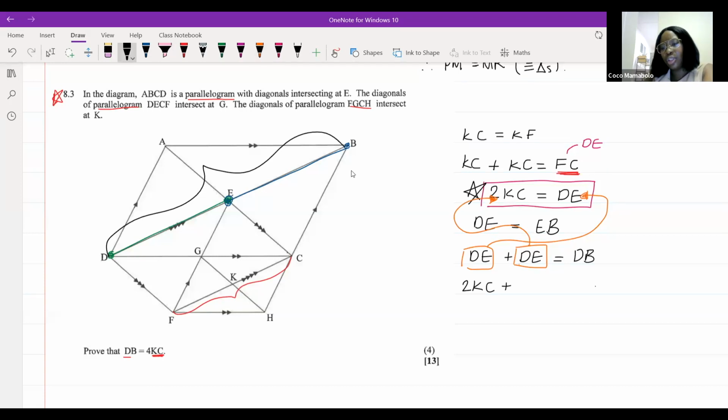So now I have 2KC plus another 2KC, and all of that is equal to DB. Can you clean up the side for me, my sweetie? So it's then going to be 4KC is DB, ma'am.